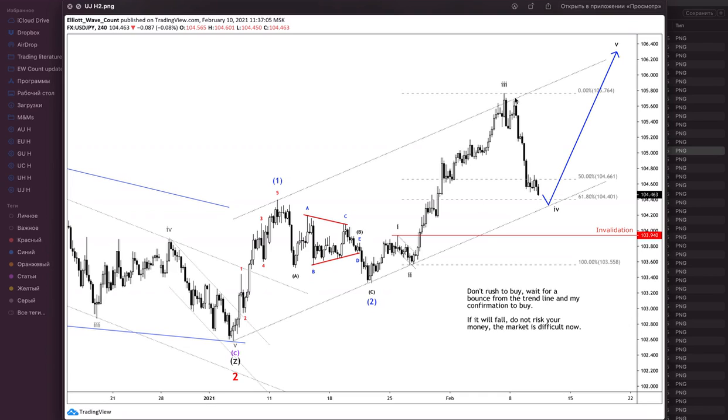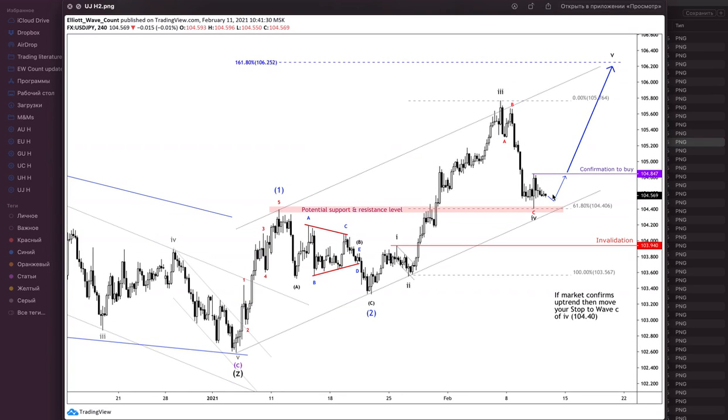The next day, market gave us this bounce to the upside, and the same story. I use it as potential support and resistance level. I like these levels, and I like to combine this price action strategy and Elliott wave strategy.